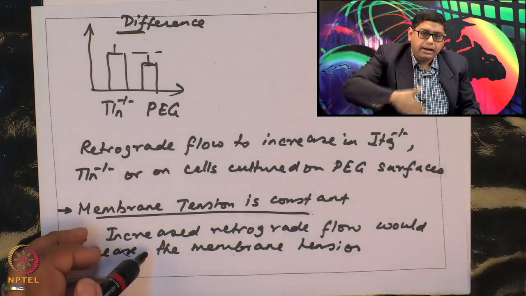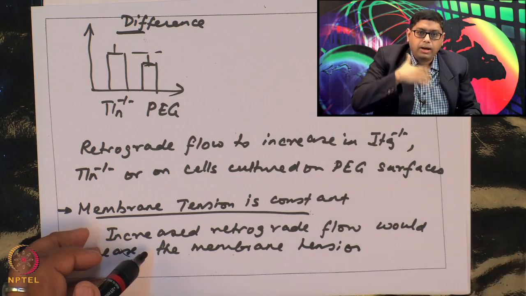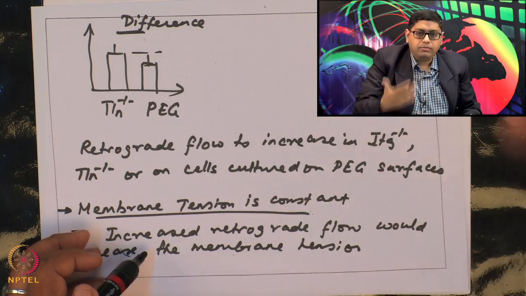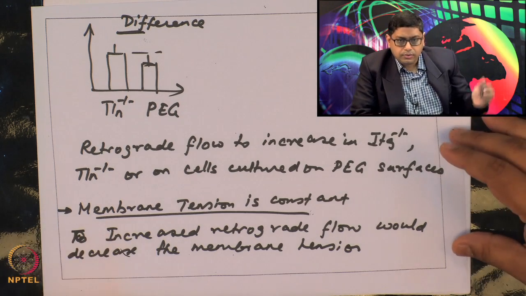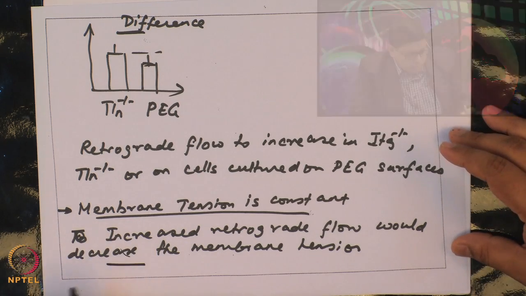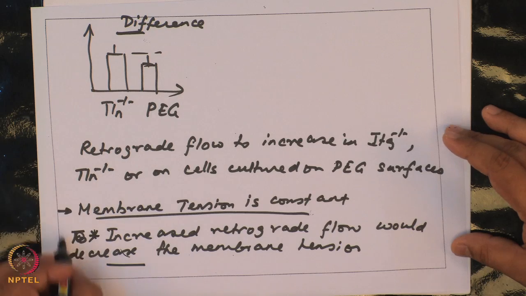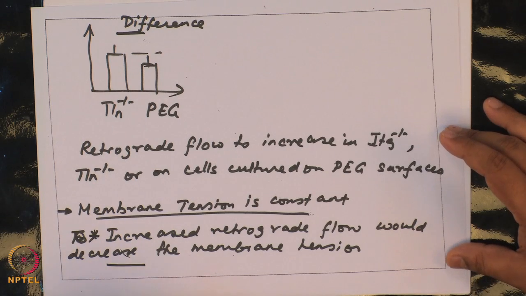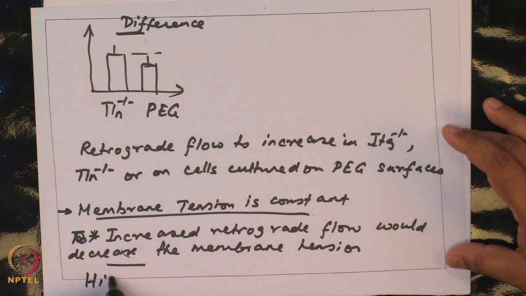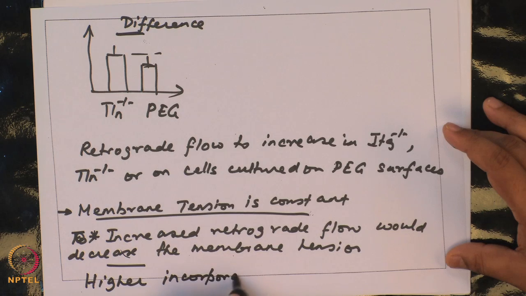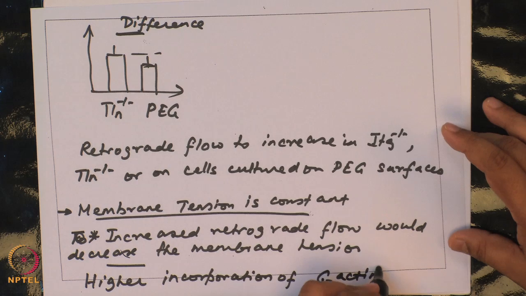By adding more monomers or by increasing the rate of polymerization. For this to be constant, since retrograde flow is high, what you can do is have higher incorporation of G actin into filaments.